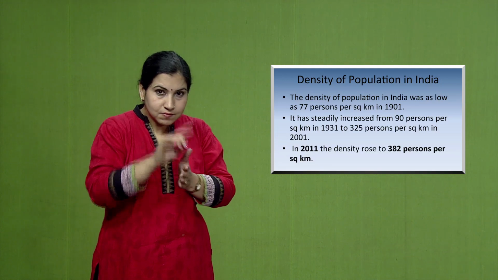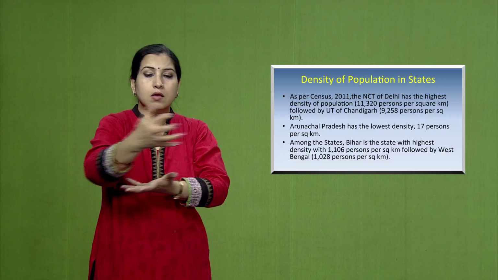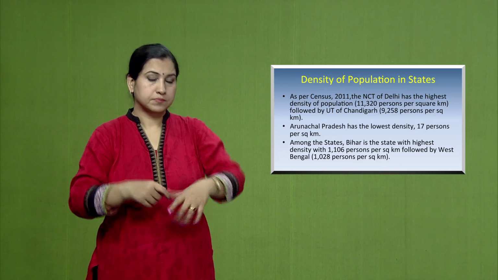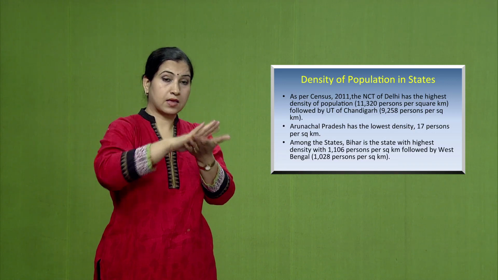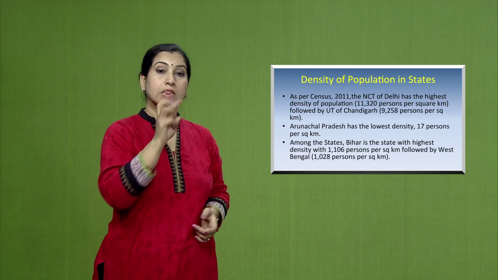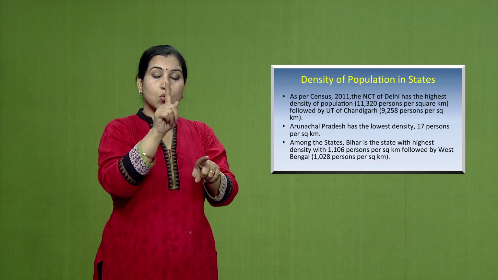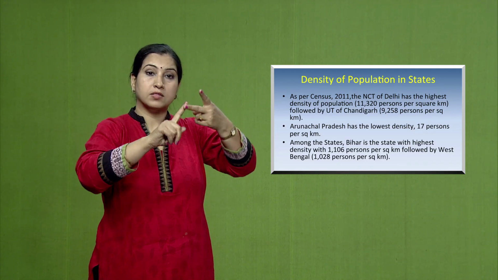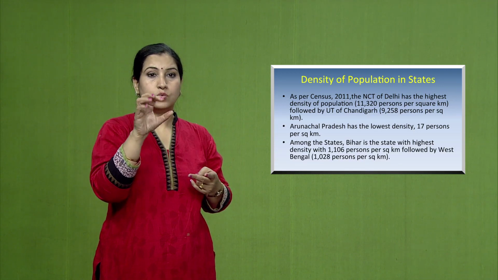According to Census 2011, that is 11,320 persons per square kilometer, followed by UT of Chandigarh, that is 9,258 persons per square kilometer.